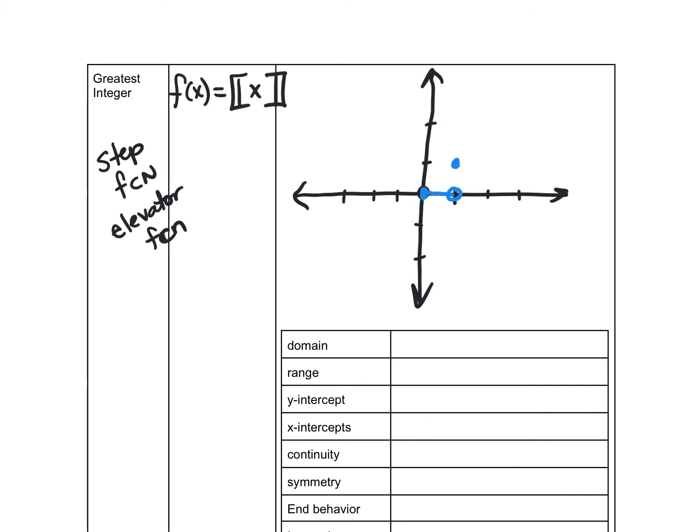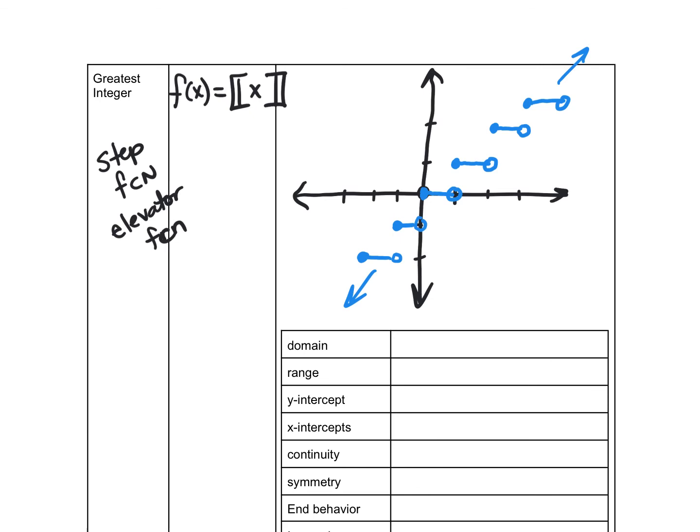So now it's here. It stays at 1 until it gets to the next integer, at which point it hops up to that integer. Stays there until it gets to the next one, and so on, and so forth. It is a piecewise function, and so on. And it's going to continue to go this way and that way, isn't it? Do you see why it's called a stair function or step function? Looks like a set of steps going up or down.